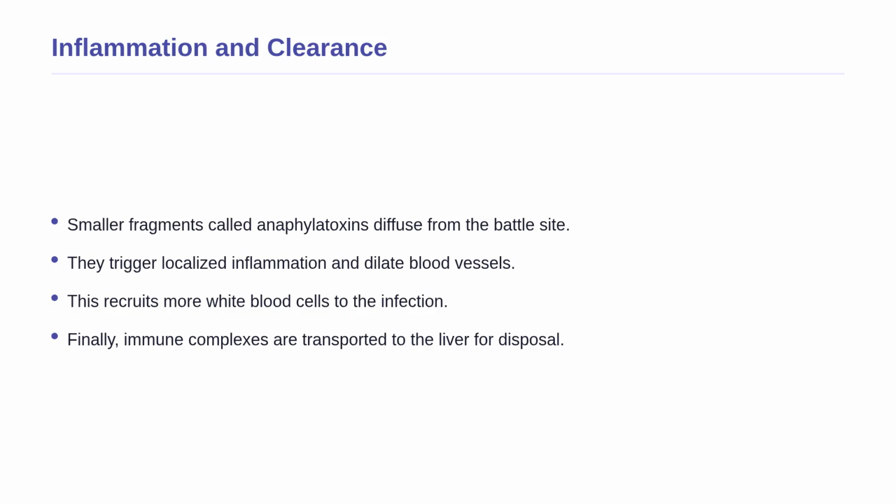This dilates your blood vessels, allowing a swarm of new white blood cells to rush into the infected tissue. Finally, once the battle is won, the battlefield must be cleaned. Other complement components bind to the neutralized immune complexes and safely transport them to the spleen and liver for safe disposal.